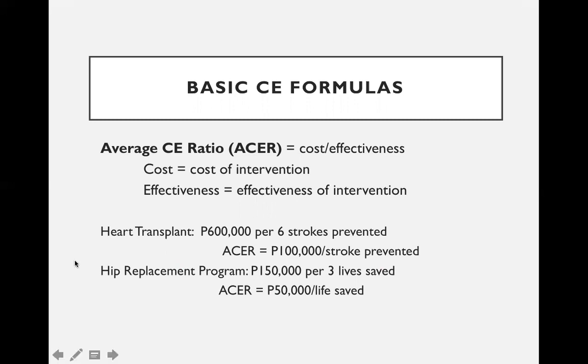For example, in a hip replacement program, the cost would be 150,000, and you're able to save 3 lives because you invested 150,000. So 150,000 per 3 lives saved is equivalent to an ACER of 50,000 per life saved.